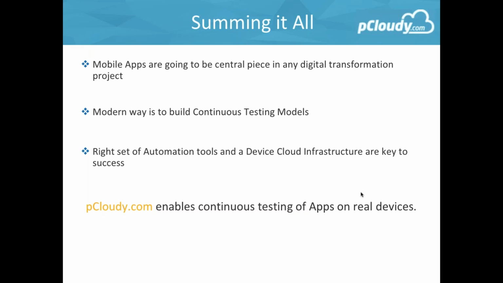And the third one is, in this process, unless we have the right set of automation tools and good device infrastructure, it's very difficult to achieve the complete automated process that we just saw. So just a last word, pCloudy enables continuous testing for apps on real devices.